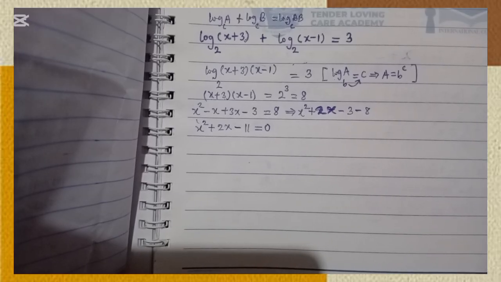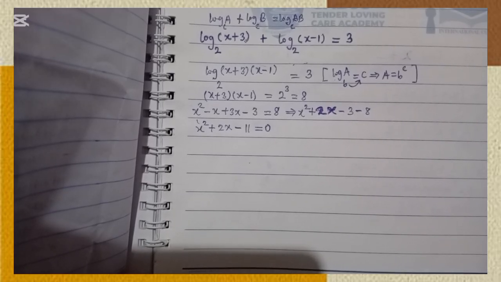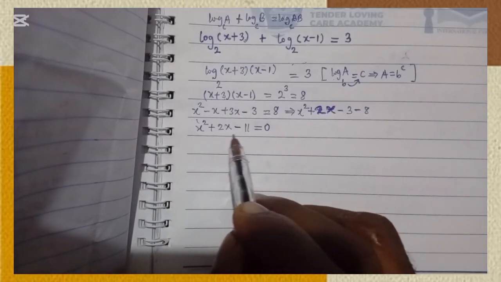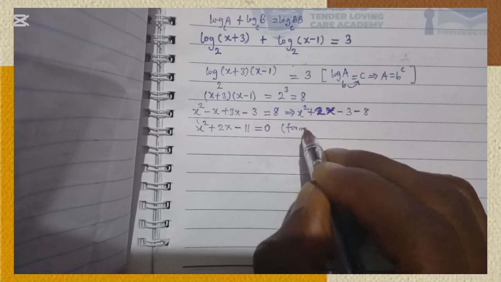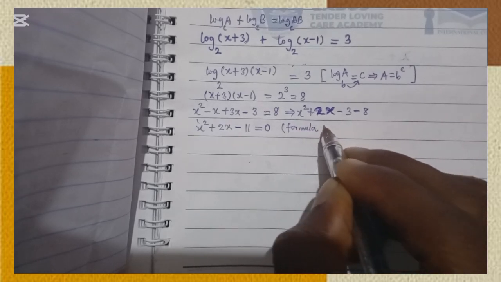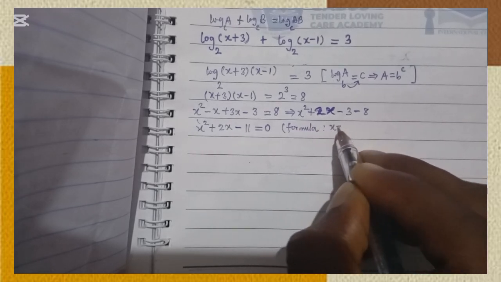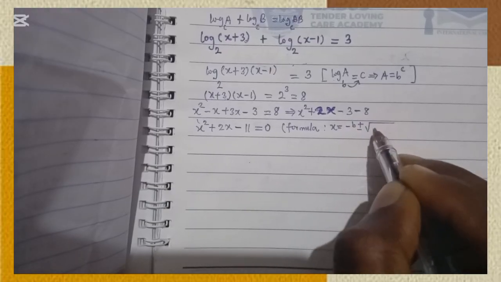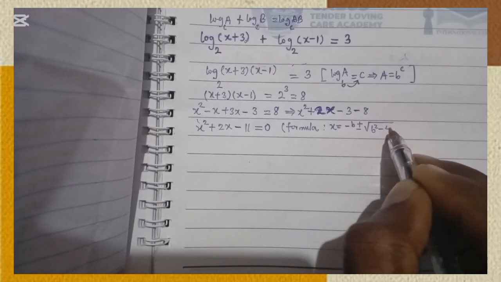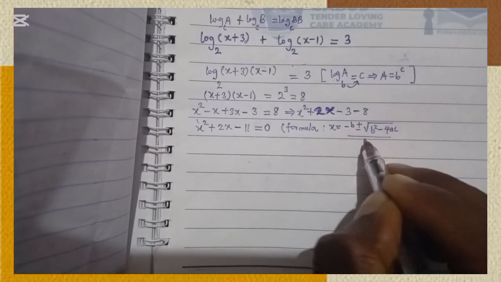You can solve a quadratic equation using different methods, but in this particular case, we have to use the formula method, because every other method will not work given the kind of terms that we have in this equation. The formula is x is equal to minus b plus or minus the square root of b squared minus 4ac, over 2a.